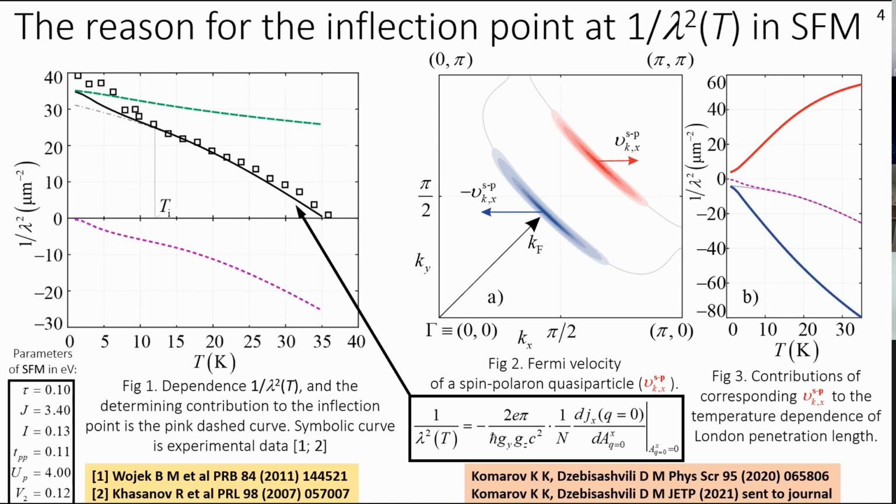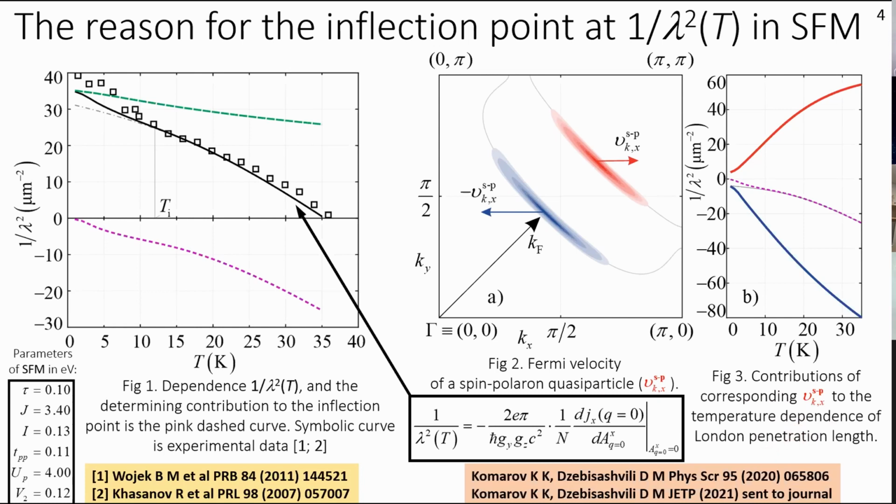Maybe some question to clarify what I see. In the middle graph, you show the velocity of, let's say, spin up, spin down electrons, roughly speaking, right? No, that's a spin polaron quasi-particle. So that means that you have, let's say, an uncompensated spin quasi-particle within the Cooper pairs, right?